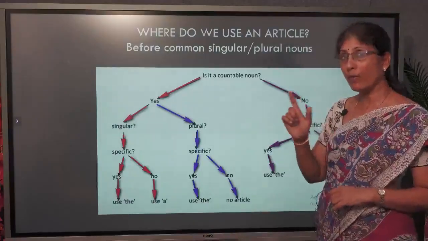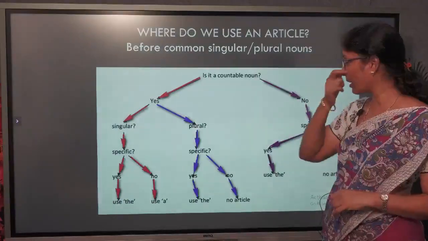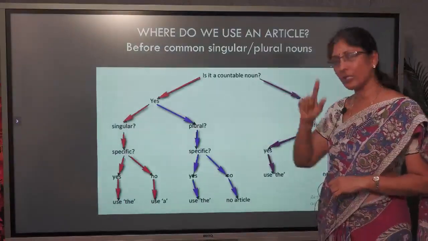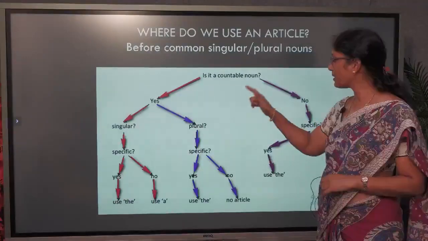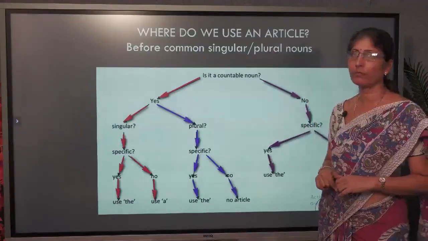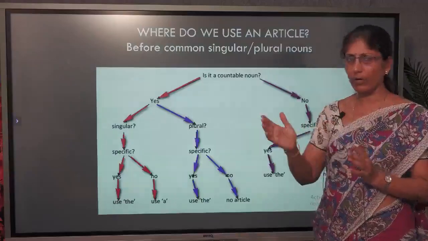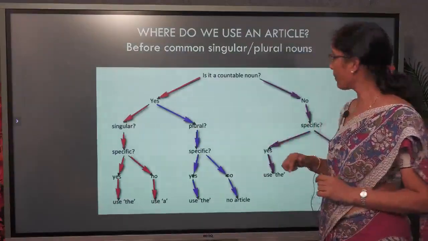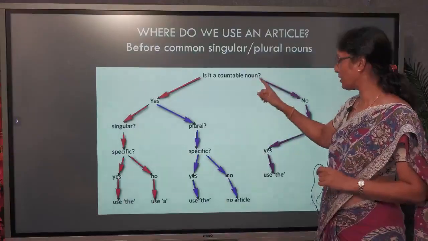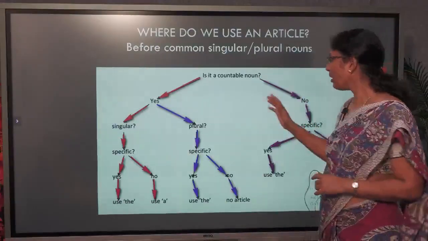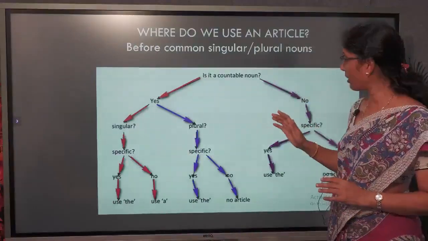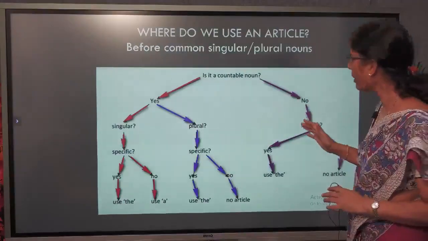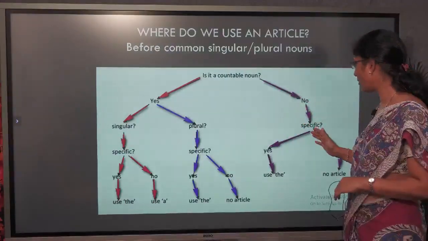So whenever there is a noun in your communication, you just have a question: is it a countable noun? You know countable nouns and uncountable nouns; already we dealt with that in nouns. If no, it is not a countable noun, that means an uncountable noun.